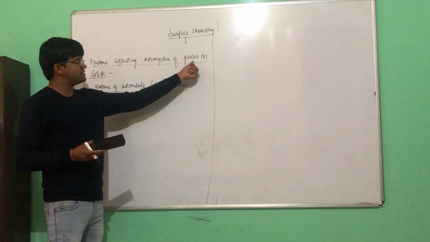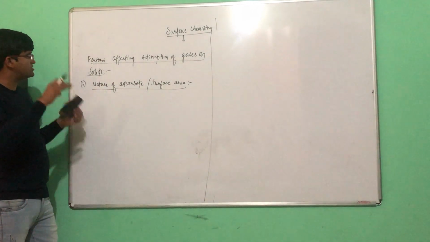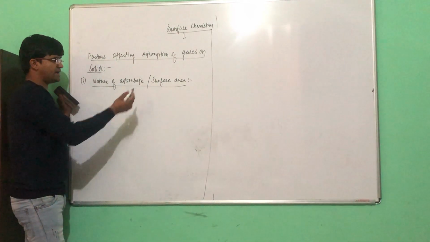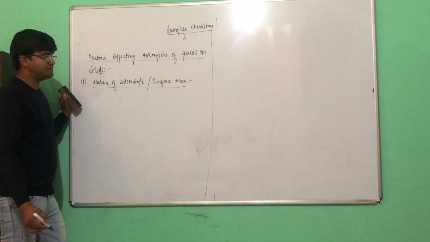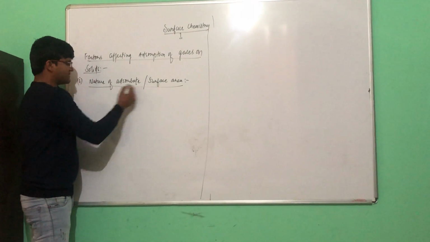Here adsorbates are gases and the adsorbent is solid, because solids provide the site where adsorption will occur. So nature of adsorbate, surface area and nature of adsorbent, these are the factors.